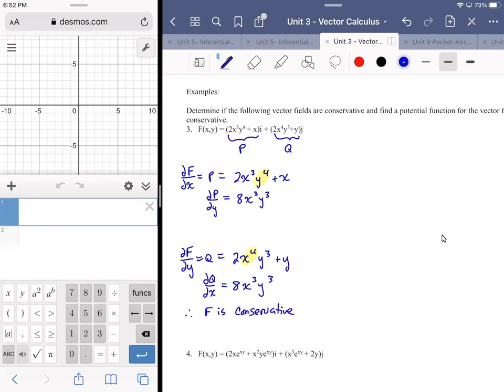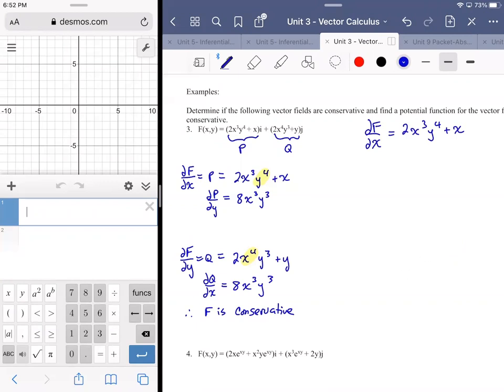What we're looking at, that 2x cubed y to the 4th plus x, is the result of a step of partial differentiation. We want to undo that. So I would take, doesn't matter, they're both the same quality of function, the partial f with respect to x, which is 2x cubed y to the 4th plus x, and I'm going to solve that differential equation for f.